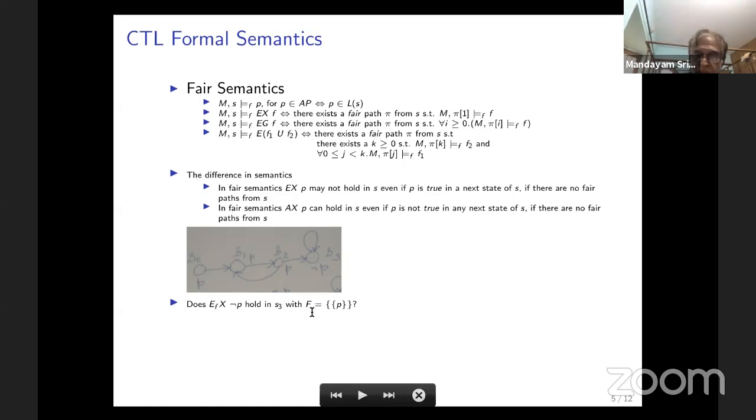When I define the fairness constraint like this, it defines the fair paths. Fair paths are those on which P occurs infinitely often. All paths on which P does not occur infinitely often will be considered unfair. So I'm asking if EF of X of not P holds in S3 under this fairness assumption.